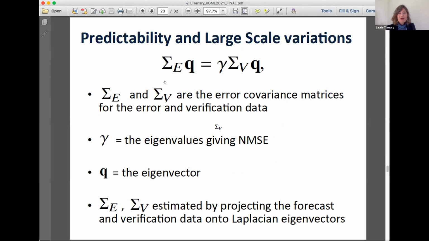And just a quick comment, I know I'm running out of time here, so these covariance matrices are estimated across the station data, but because there's 499, that would make these covariance matrices 499 by 499. It's quite large. So I reduced the dimension by projecting the data onto the Laplacian operators. So now they're 50 by 50.